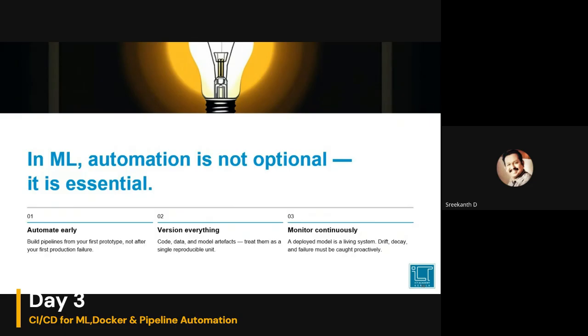If you think about the ML benefits, automation is not optional here. We should say that it is essential, because this is important. Automation is not something we add later.